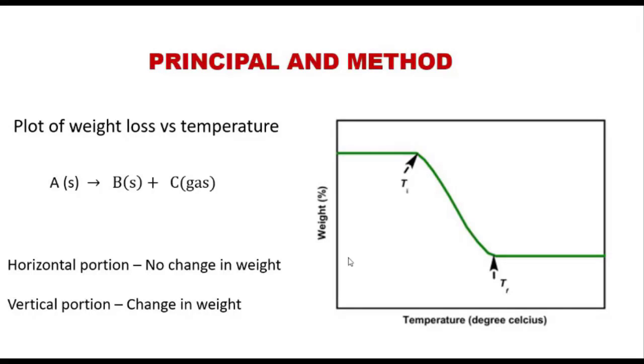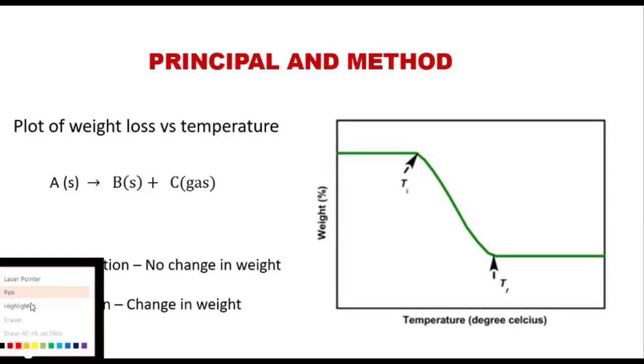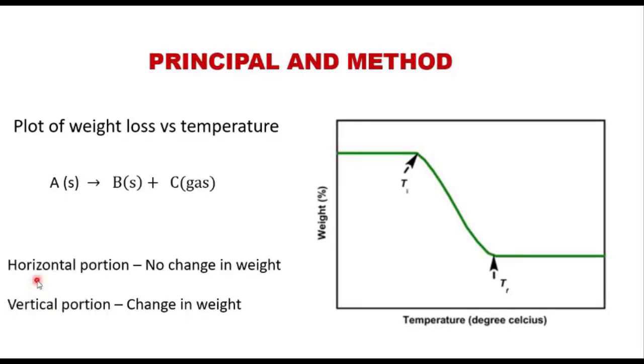The simplest diagram is this. Suppose you have a compound A which is in the solid form, which is being heated and which on heating decomposes to B, another solid, and a gas C is evolved. So when the C gas is evolved, there is a change in weight. So you are plotting the weight on the y-axis and temperature on the x-axis.